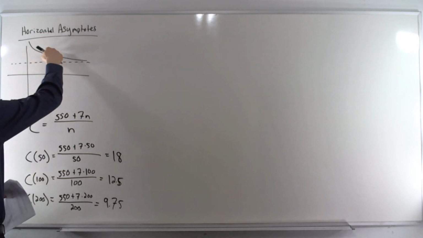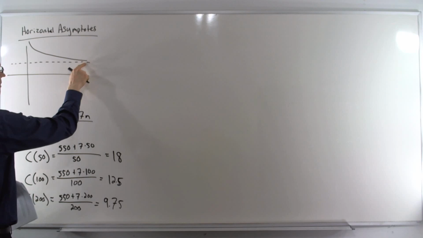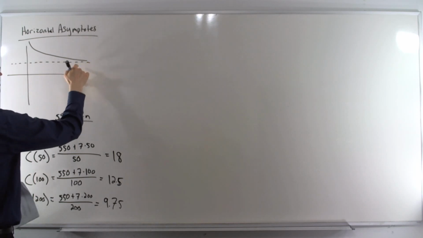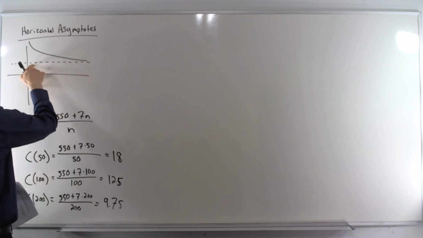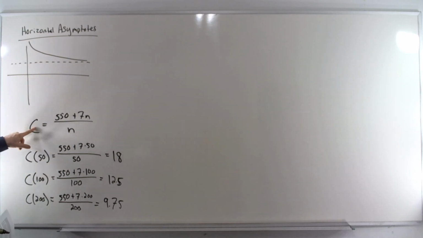So if this were our curve here, you can see as we go further and further to the right, we keep getting closer to this number, and we're going to guess that this number is 7. So the equation for this dotted line is you take the dependent variable, the cost. C is dependent upon the number of t-shirts.